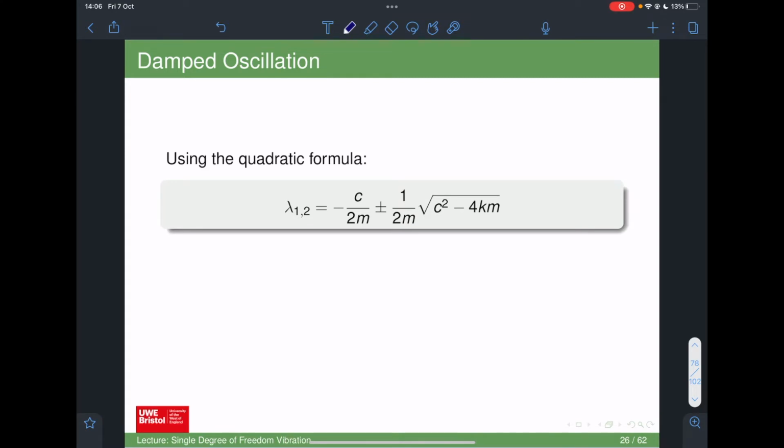I assume you recognise that when you've got x squared plus bx plus c equals 0, then x1 and x2 are going to be, what is it? Minus b plus or minus the square root of b squared minus 4ac, over 2a.